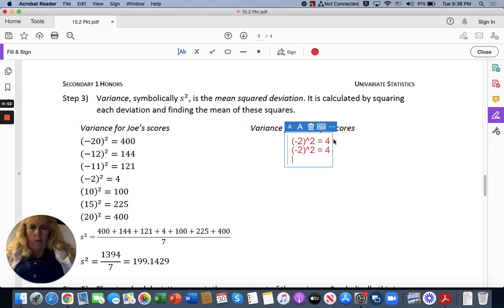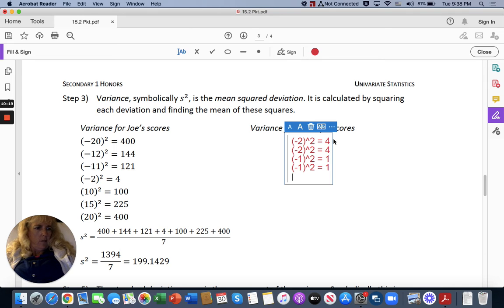And then the next one is -1 squared is 1. And then we have another negative 1, and that's 1.